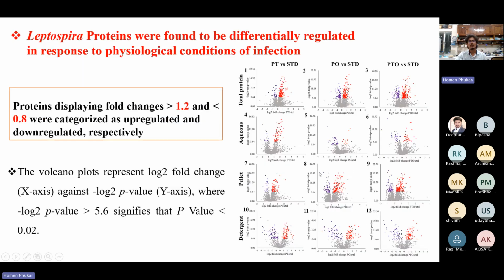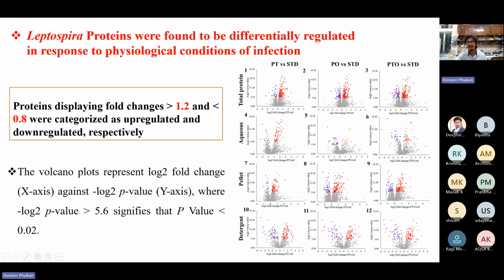And we found that the Leptospira proteins were differentially regulated in response to the two important physiological conditions. We used a cutoff of fold change of more than or equal to 1.2 as upregulation, and 0.8 as downregulation, with a significant p-value of 0.02.